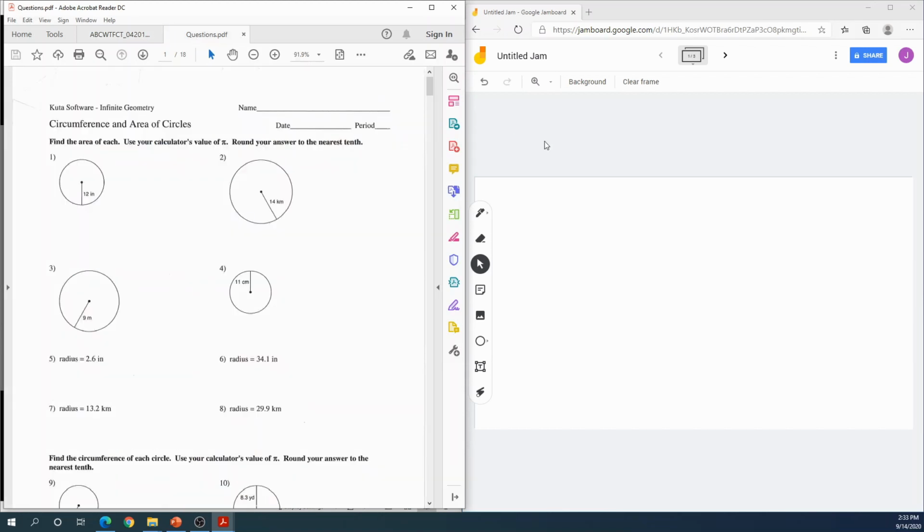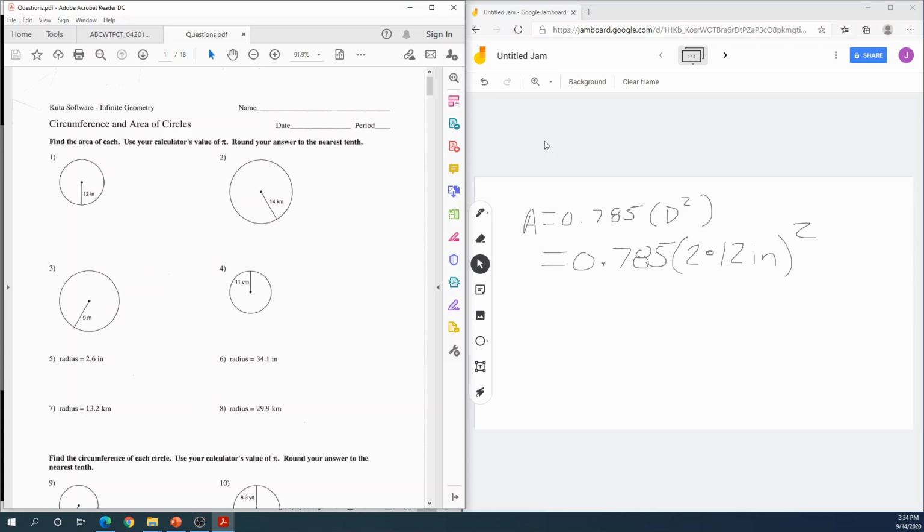So we have area is equal to 0.785 times diameter squared. We know diameter is 2 times our radius. Our radius is 12 inches, and that's going to be squared. So going back to order of operations that we touched on in the last hour, first thing I want to do is everything in the parentheses.